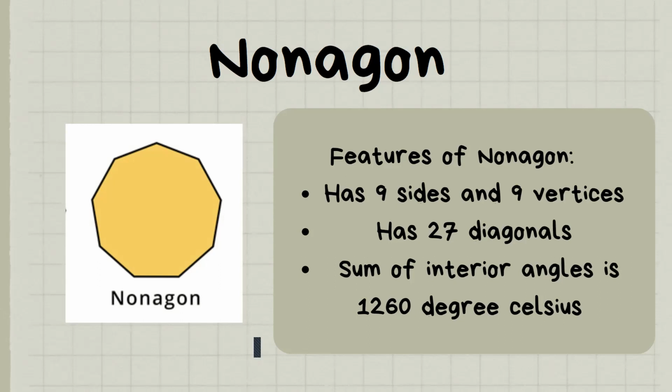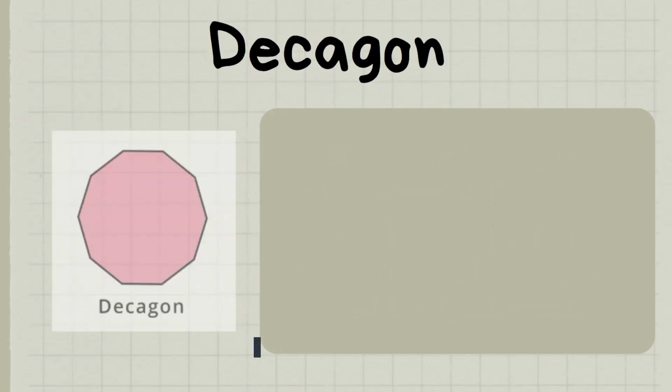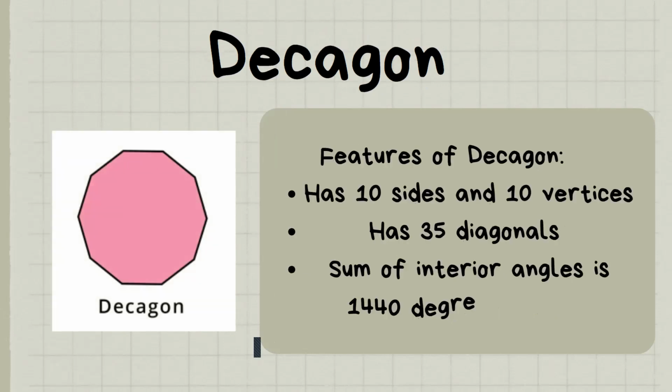It has 27 diagonals, and the sum of interior angles for a nonagon is 1260 degrees. Lastly, we have decagon. It has 10 sides and 10 vertices. It has 35 diagonals, and the sum of interior angles is 1440 degrees.